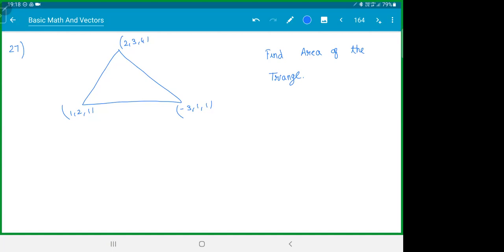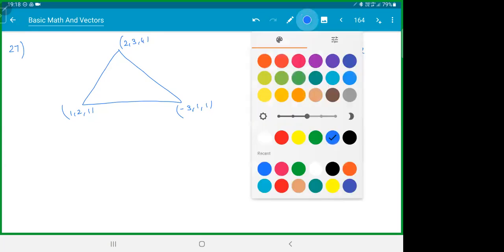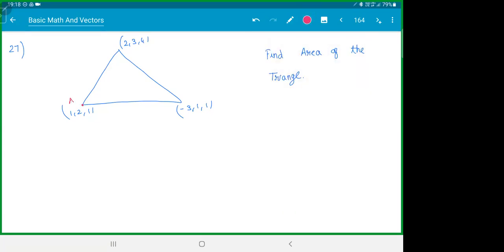Someone got an answer. How much was it? Root 152. Okay. How do you do this? First name these points A, B, and C. So area of a triangle is half A cross B, where A and B are 2 sides basically.